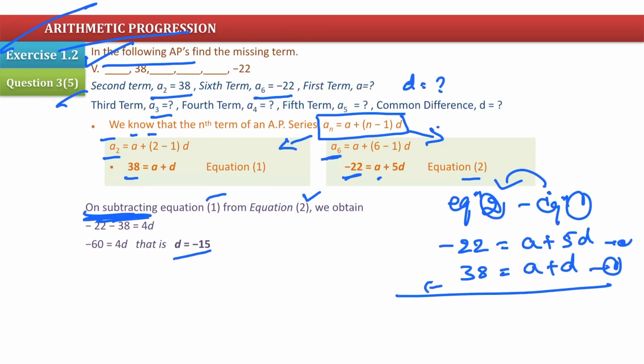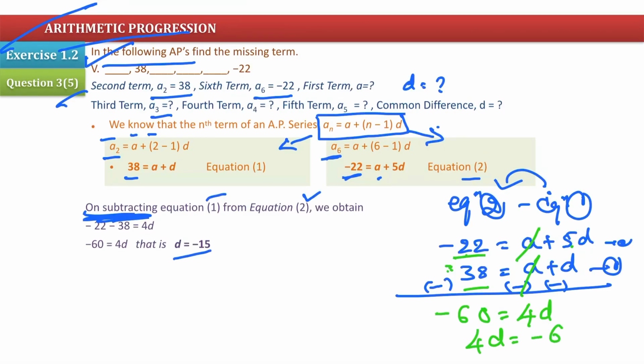On subtracting, I have to subtract equation 1 from equation 2. Now minus 22 minus 38 becomes minus 60 equals, this is plus A, this is minus A, they get cancelled, 5D minus D becomes 4D. So I am going to write like this: 4D is equals to minus 60.